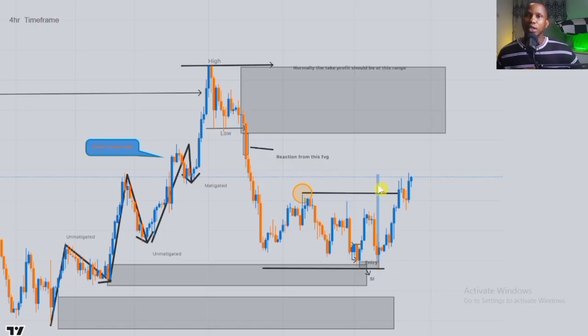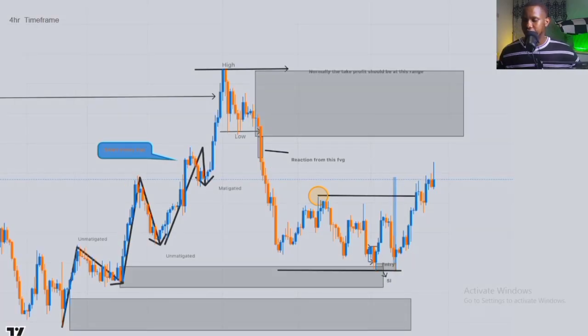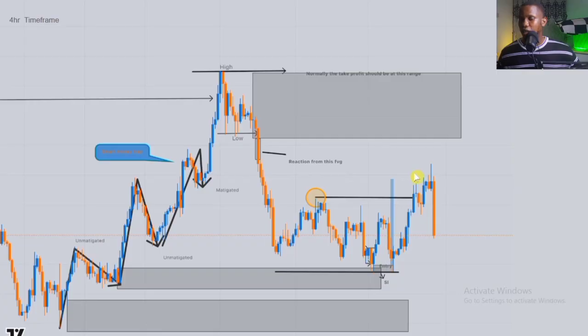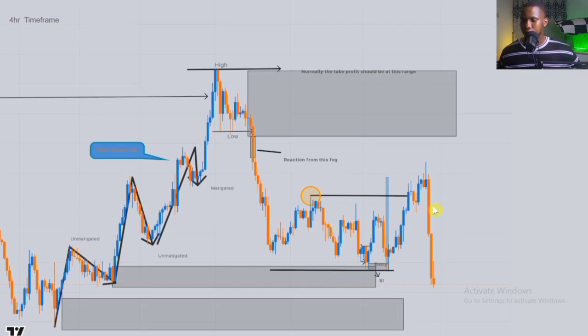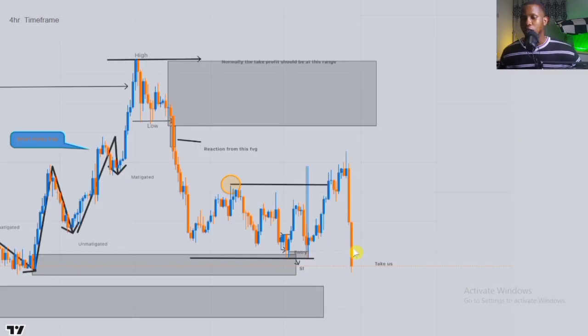And let's see what the market wants to do for us, guys. Okay, can you see, after we mitigated this imbalance here now, we are having this large momentum downside candle which pushed down rapidly. If you are still holding this position, it took you out here. That's why marking all this and knowing these zones is very, very important in the market.